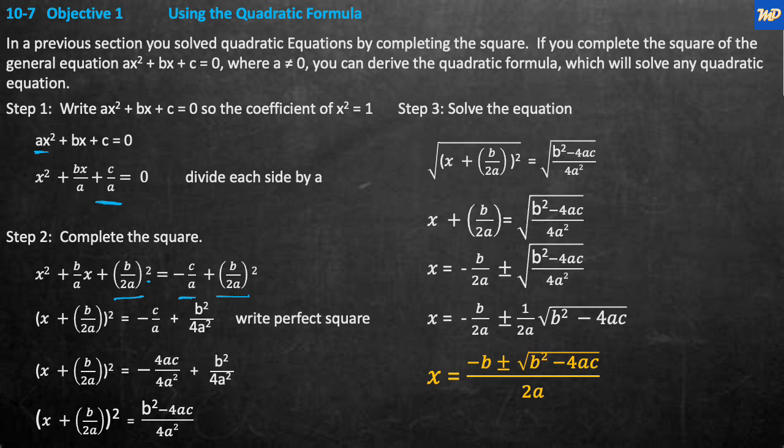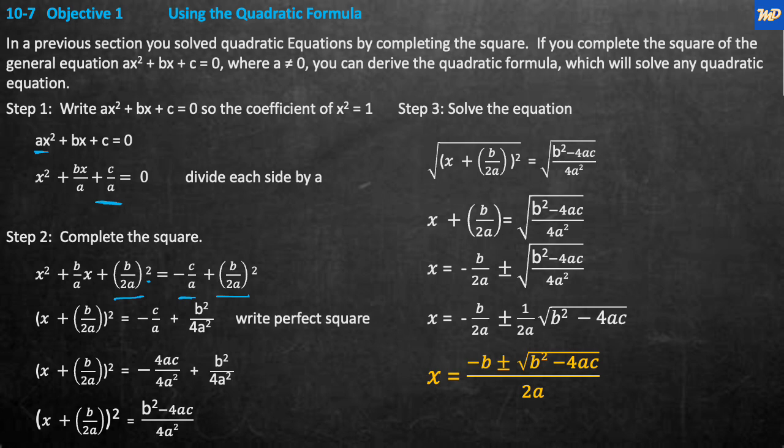We're going to multiply the minus c over a by 4a, and it's minus 4ac divided by 4a squared plus b squared over 4a squared. So now we have like denominators. And now that we've done that, we're going to combine these two terms over the single denominator, and we have b squared minus 4ac over 4a squared.